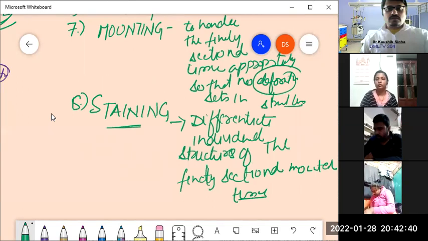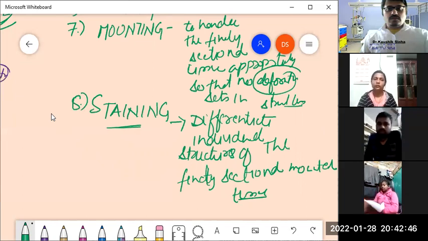You can even clear out the stain because the tissue is already fixated. Since water is not anymore present, there is no question of the stain getting dissolved in the water because we have removed all the water in the second step, that is the dehydrating step. So even if the stain that we are using is a water soluble stain, there is now no question of water dissolving the stain in it.